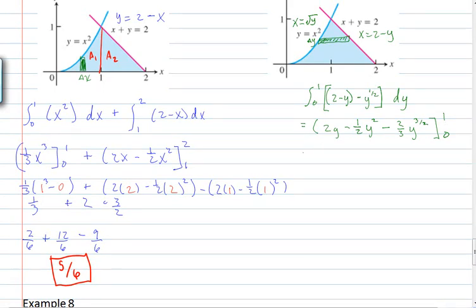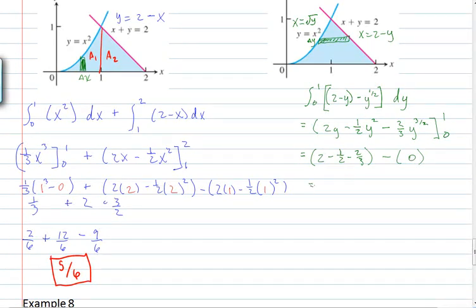Okay, plugging in our function values. When we plug in our upper bound, we're going to end up with 2 minus 1/2 minus 2/3, because 1 raised to any power is 1, and 1 times anything is just that anything. So there's our upper bound, minus the lower bound is just going to give us 0, right? So look at what we have. We have 2 minus 1/2 minus 2/3.